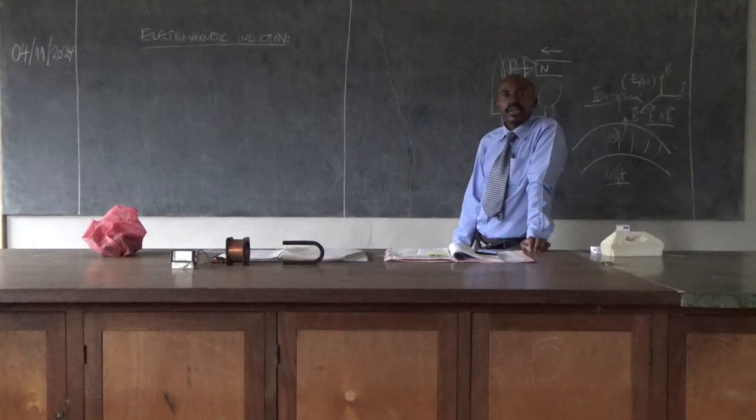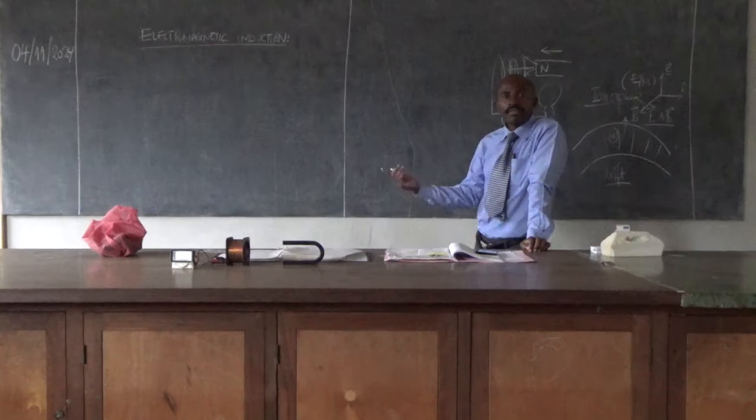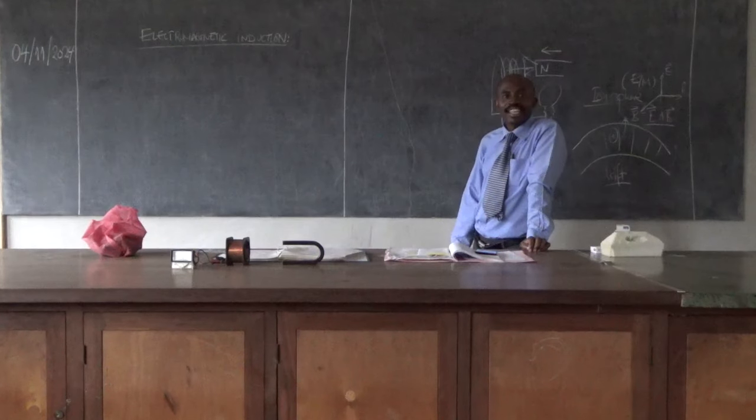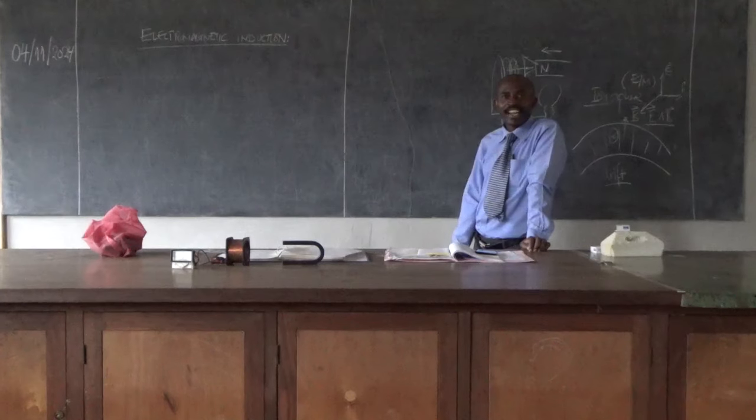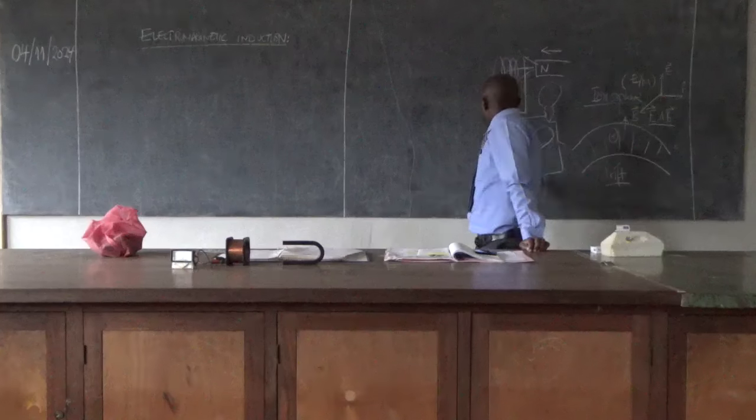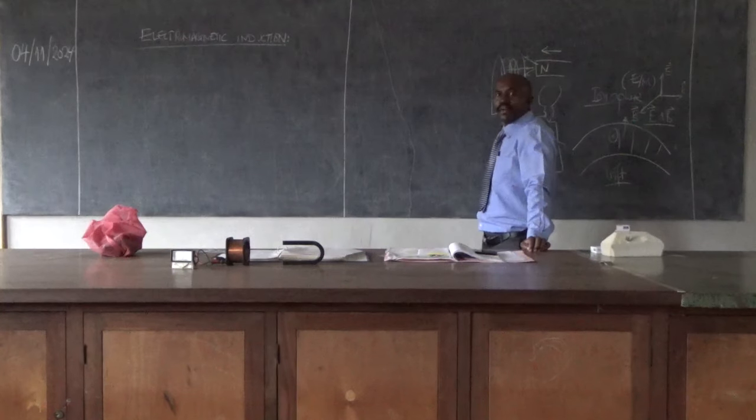So then they start flowing endlessly, as long as the magnetic field is there. As long as the magnetic field is there. So these ones here, what happens to them?